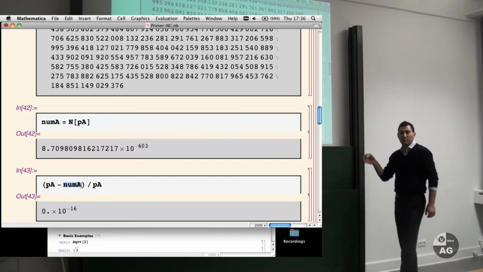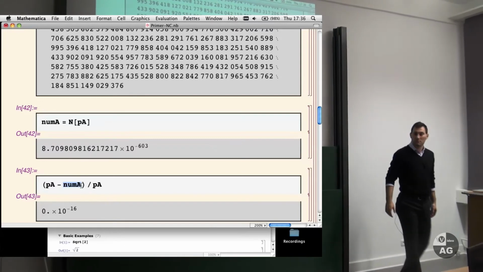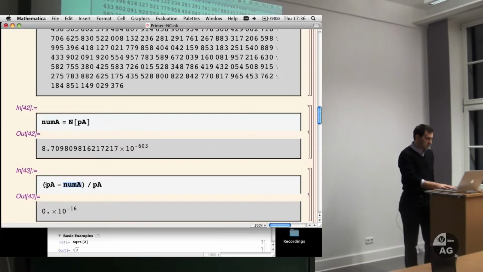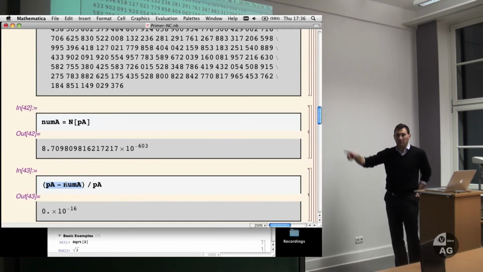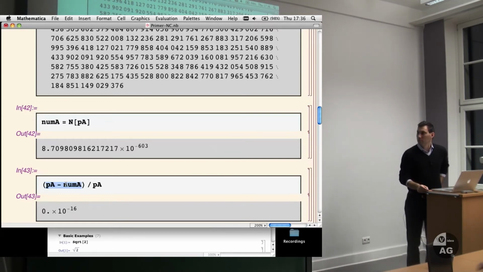It's not of high precision, it's just a double. But should PA be converted to the same double? Oh, no. No, because this is exact. So fortunately, you can perform this expression and get something that is even more accurate. Yeah. So num A is converted to a big integer or double decimal type. I'm not sure which one.